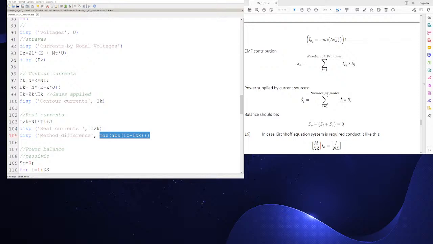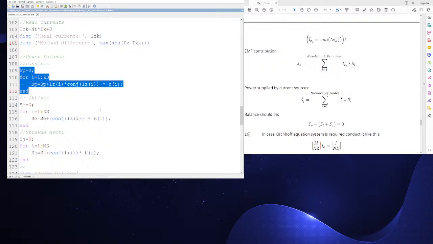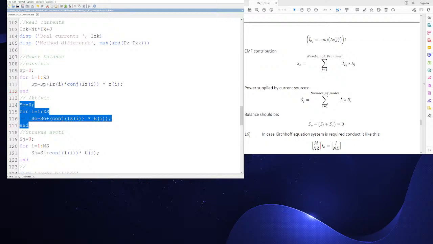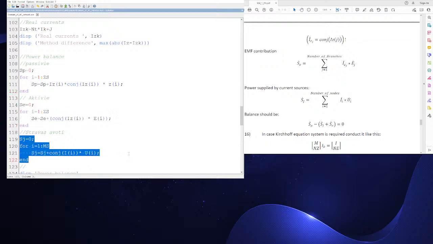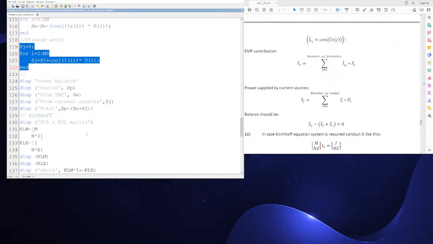In this case I'm conducting a sum of specific elements' power. I calculate the total for EMFs and current sources. I have summed all powers, active and reactive, and with the total I will show the difference and what we will have.